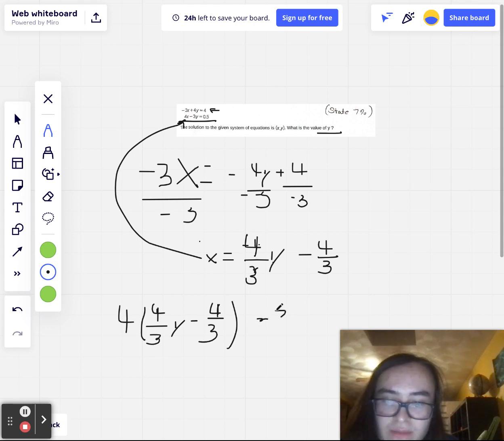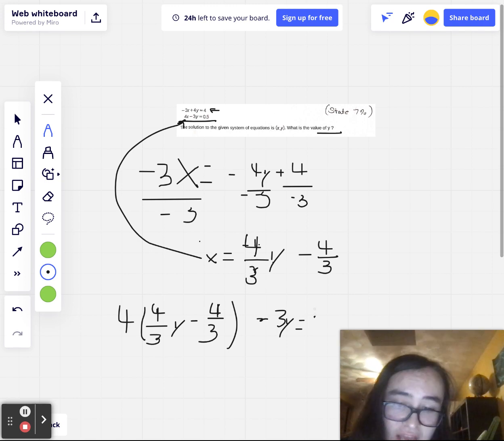This is subtracted by -3y and 0. And I'm going to change this 0.5 to 1/2 so the problem is easier to work with.